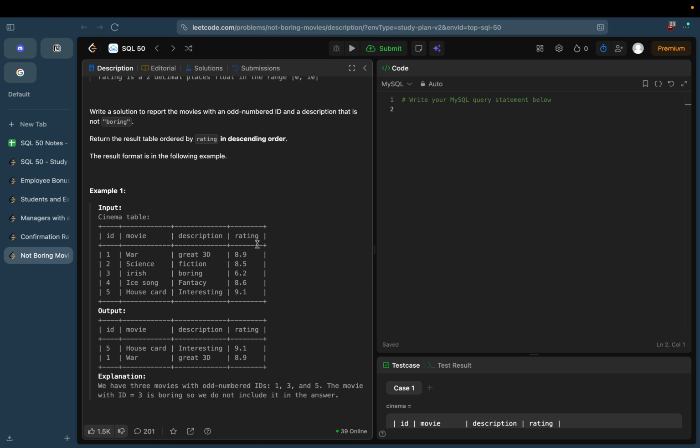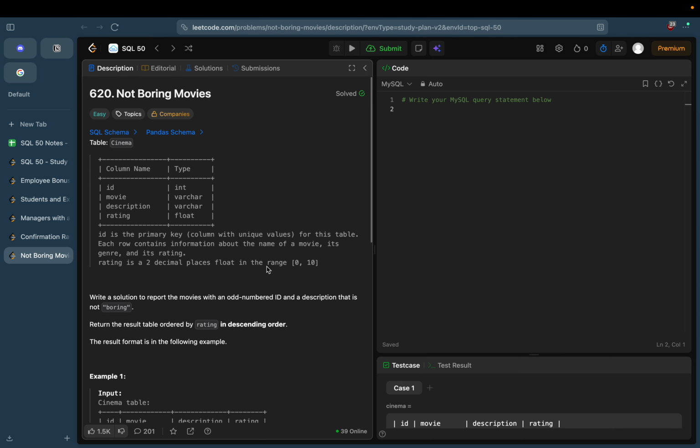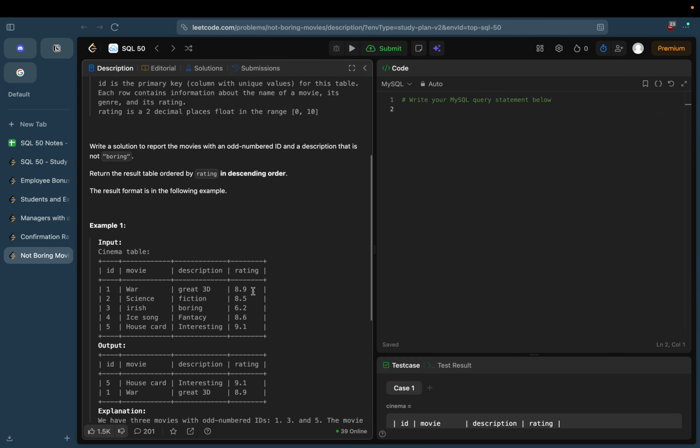Alright, let's move to the example. We have these IDs 1, 2, 3, 4, 5. Movies are war, science. These are the movies, these are the descriptions. One of them has boring inside it. Rating, and the question is not boring movies in a descending order of rating. So first things first, we are only considering the IDs 1, 3 and 5 because these are odd numbers.